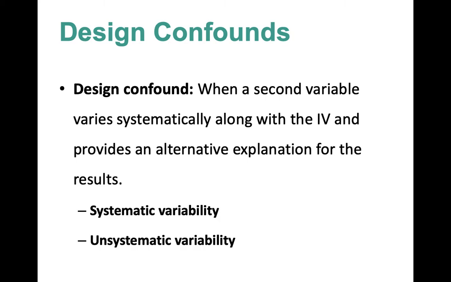If pasta quality was allowed to vary systematically with the serving bowl, such that those in the large bowl condition always had more appetizing pasta, and those in the medium bowl always had less appetizing pasta, we've got a second variable that varies systematically. Okay, that it's a one-to-one with our IV. And so that's a design confound.